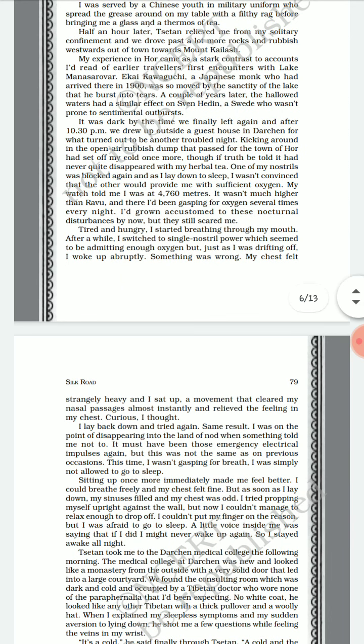But Sven Hedin, who came a couple of years later, was very much impressed, but he didn't cry like Akai Kawaguchi.